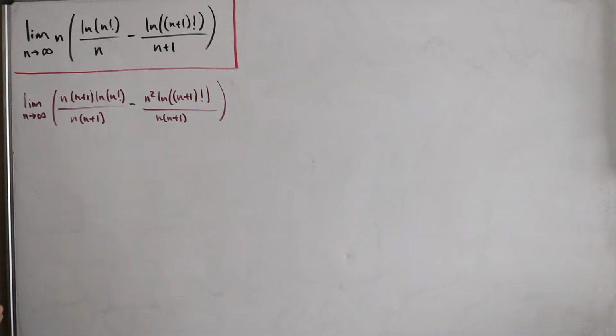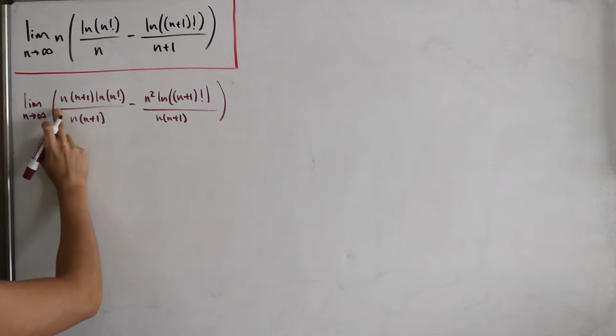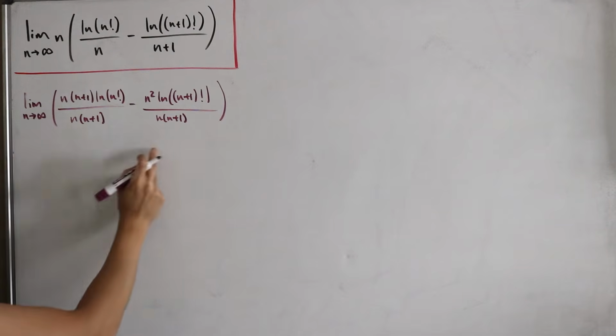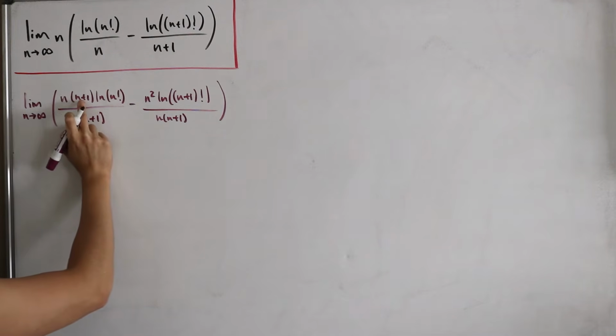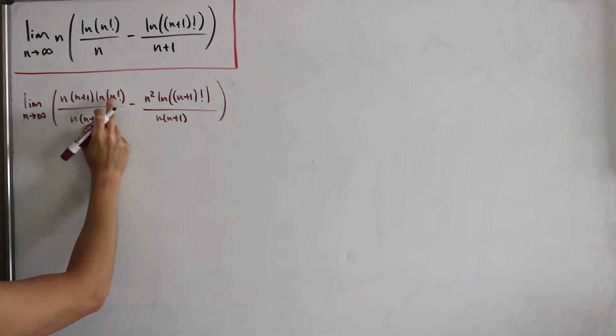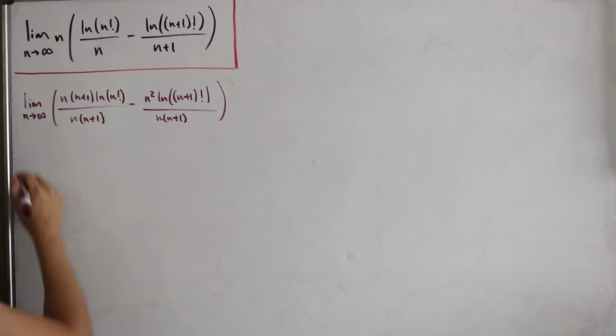Okay, so as you can tell, we have some things that are going to cancel. For one thing, I'm going to cancel out the n's for all this. But because there's an n plus 1 over here, I'm going to distribute the n plus 1 term and multiply that to our natural log of n factorial.